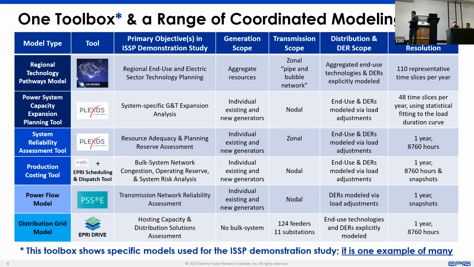For those of you who are familiar with PSS/E, we use only snapshot analysis. We pick particular cases and so on. So that's one of the fundamental challenges in terms of the spatial scope as well as the temporal scope. Just to make sure, these are the tools that we used, which doesn't mean these are the only tools available, but any tool you use for these analyses, you will face a similar challenge. And that's where one of the gaps is right now.